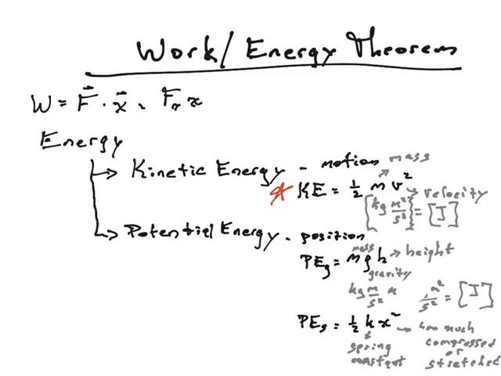So we already know that forces give rise to accelerations, and we know work is a measure of the force you're applying, because it's force times distance. So obviously work must have something to do with an acceleration. When you apply work to an object, you must be changing its speed, because the implication of work is force.